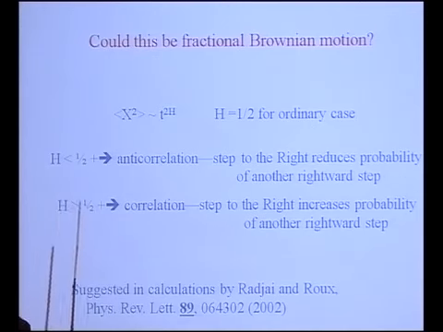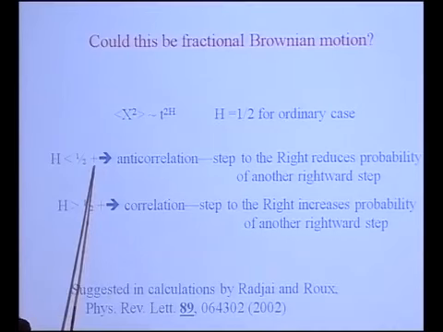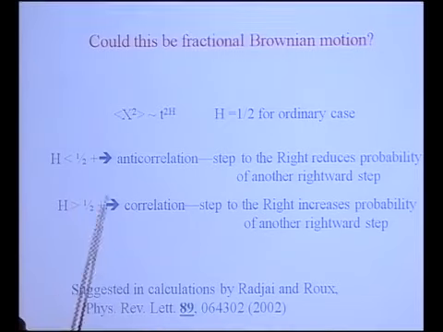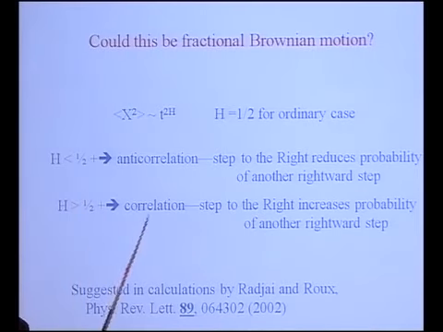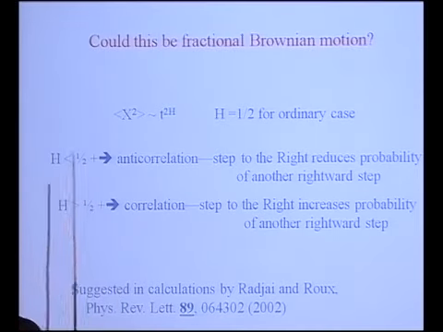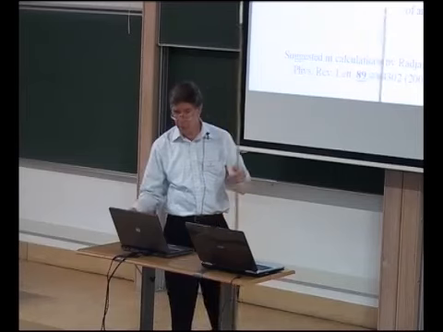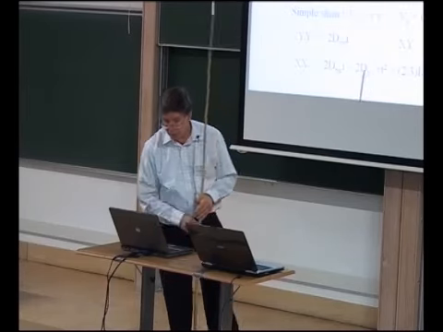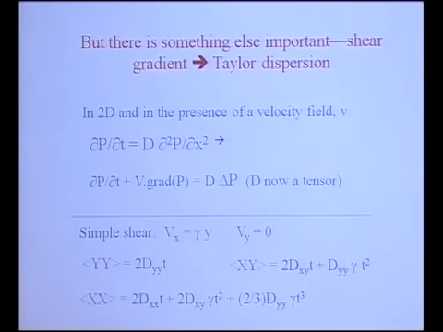So now the question is, is that really some exotic diffusive behavior, or is it something else? One suggestion is that it's exotic behavior. If you have correlated motion, then the exponent won't be a half, but it'll be bigger than a half. And if you have anti-correlations, then the exponent will be less than a half. So you might think it's that.